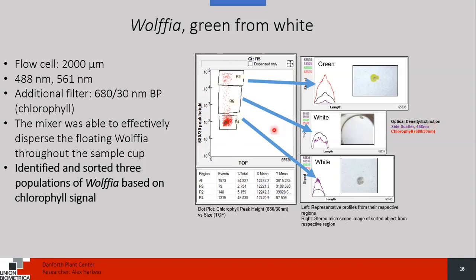I'm pointing that out because when we sort from this region up here, we see that there's a lot of red signal, indicative that these are probably alive and healthy. And when you look at them under a microscope, they're green, so they look like the green plant. When you take a look from down here, there's very little red signal, and when you sort them out, they look white.